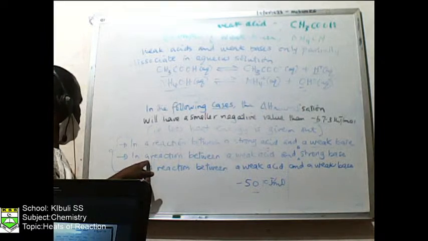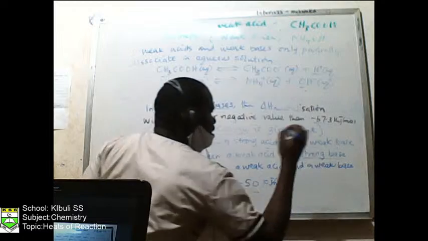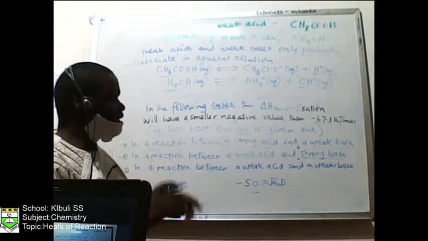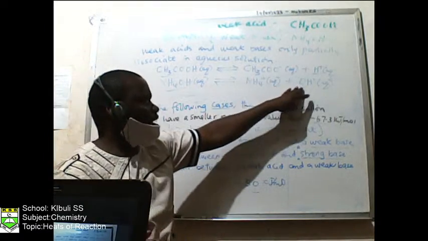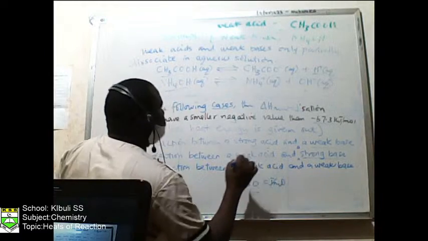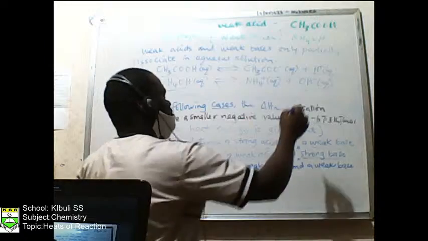So if we consider a reaction between a weak acid and a strong base, the strong base will fully dissociate or ionize and will produce the hydroxide ions, ready to react with the hydrogen ions. But the weak acid will be struggling to dissociate or to ionize to produce hydrogen ions.